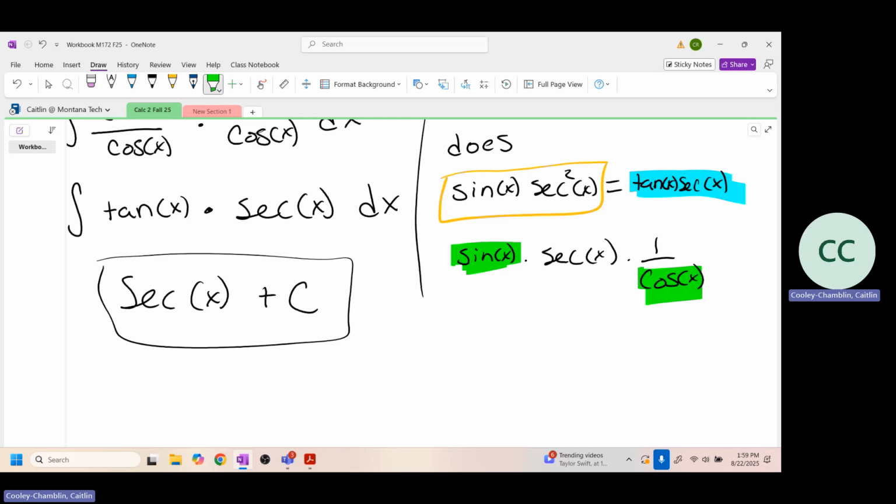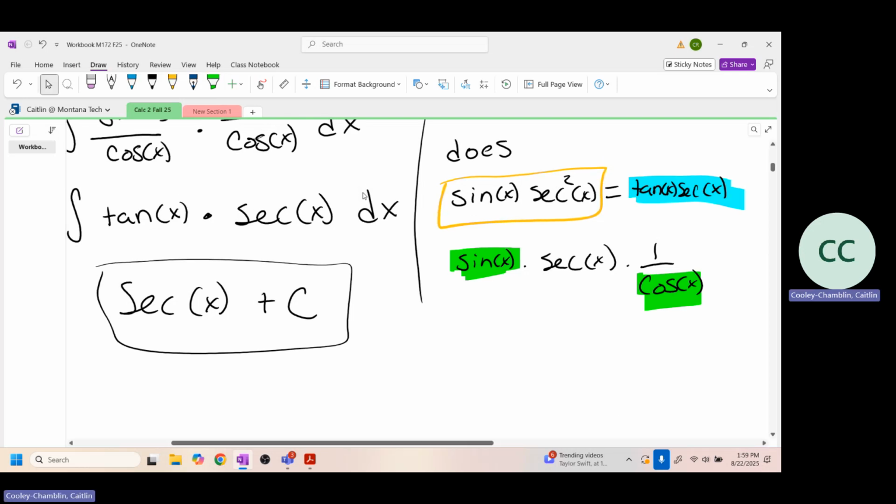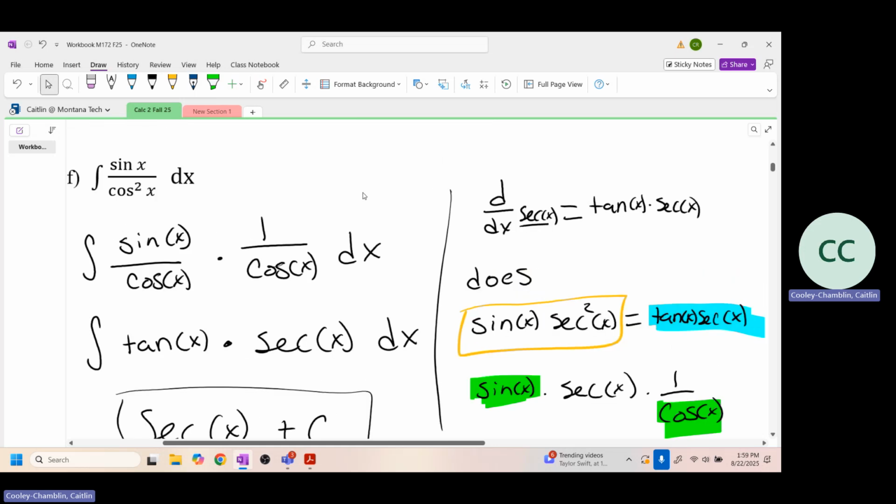Again, this takes a long time to develop, and you just kind of keep tinkering around. Hopefully in pre-calc, you had a lot of work with trig identities and being able to manipulate one identity into the next. And so that's kind of what we're doing here as we start with this.